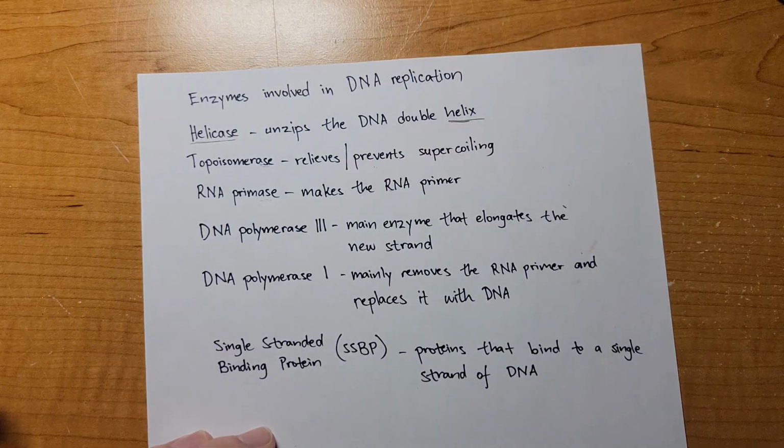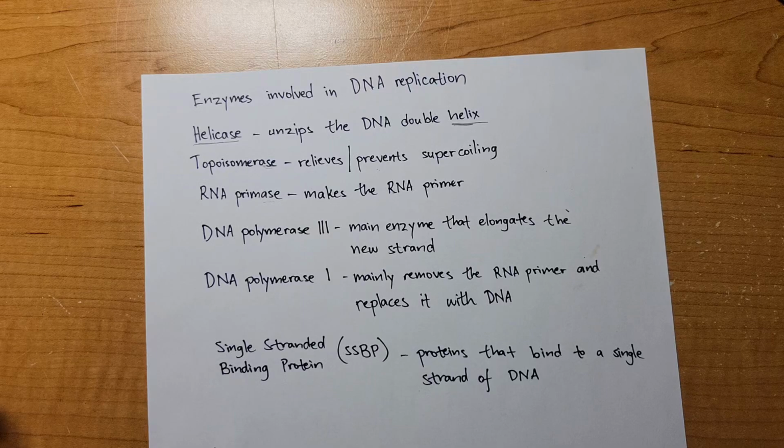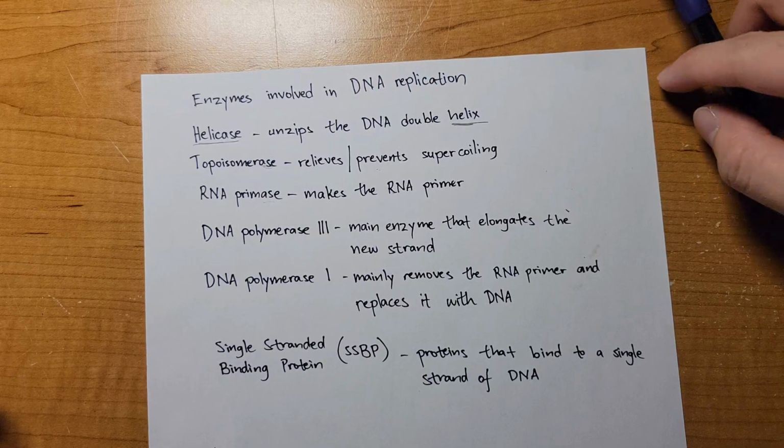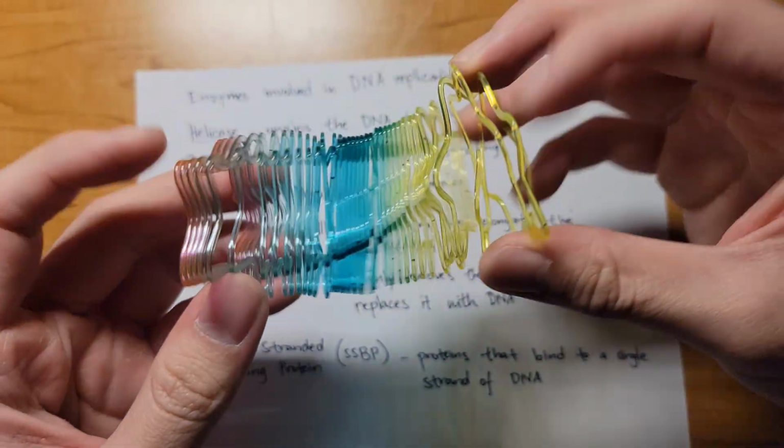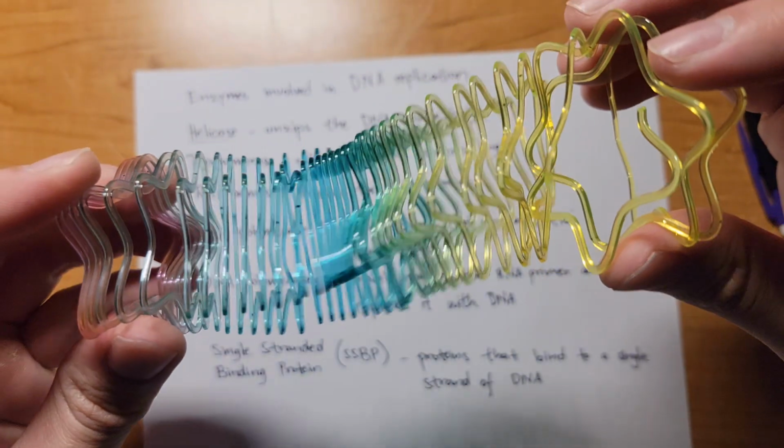Next one is topoisomerase. Topoisomerase basically relieves or prevents supercoiling. If you were in class, Dr. Zolman showed you guys what supercoiling means and what actually happens and why it happens. For me, I don't have any kind of way to actually visualize it, so I'll just use this one. Imagine this is the DNA, right?